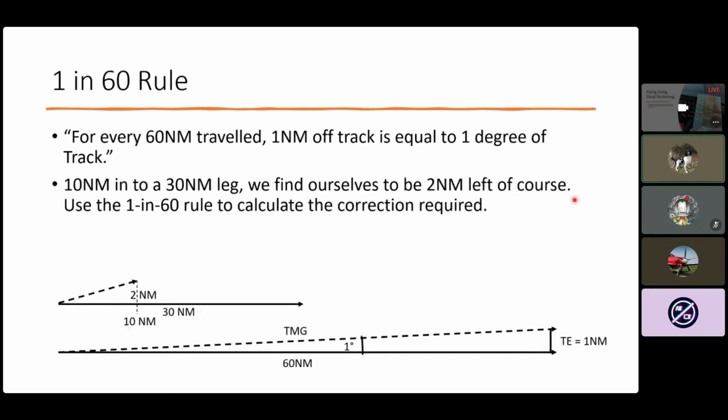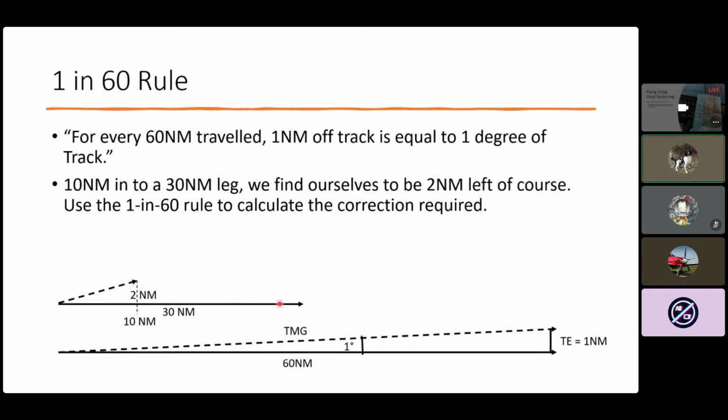So let's come up with a made-up scenario. We're 10 miles in to a 30-mile leg, and we look out the window and we realise that we're not where we should be. We measure it on the chart and find that we're 2 miles left of course. So how can we calculate this? Well, first of all, does everybody understand the position? We are here and we're supposed to be here.